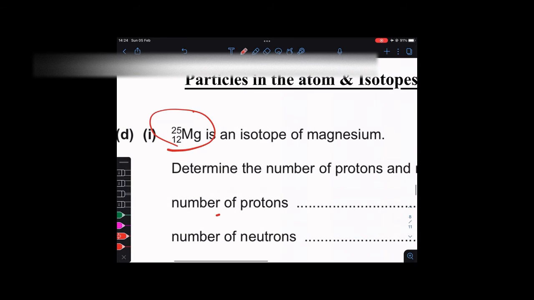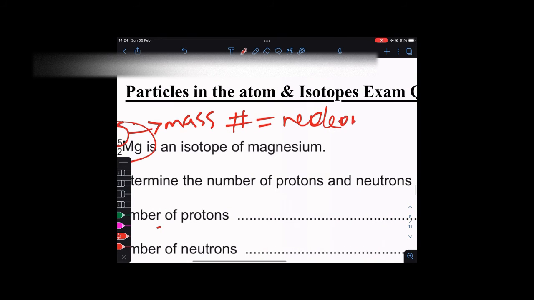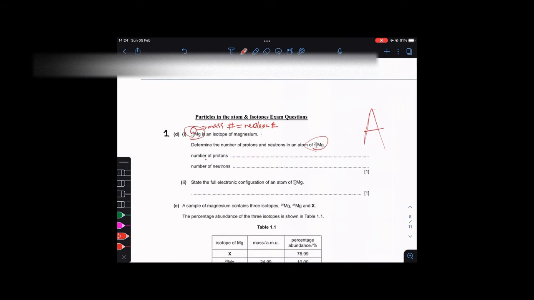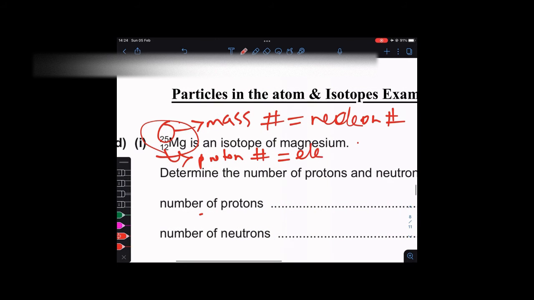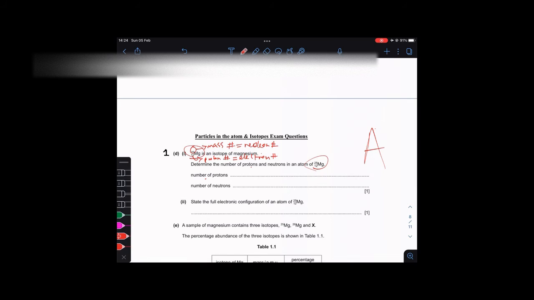This is the mass number, which is also the nucleon number, and this one is the proton number, which equals the electron number. So proton number or atomic number.